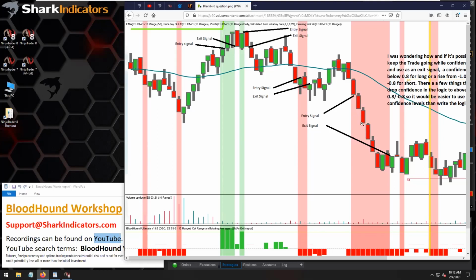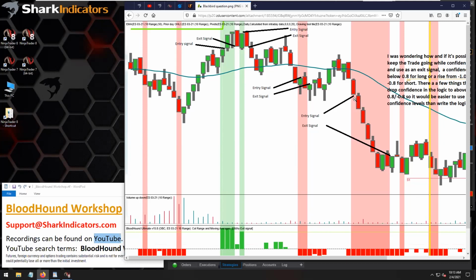Now, one thing I want to illustrate to people, I'll talk in terms of Raven, but the same thing applies to Blackbird as well: every entry signal is an entry signal. However, if you have a position open, Raven and Blackbird will not keep adding on new positions just because there's another entry signal.